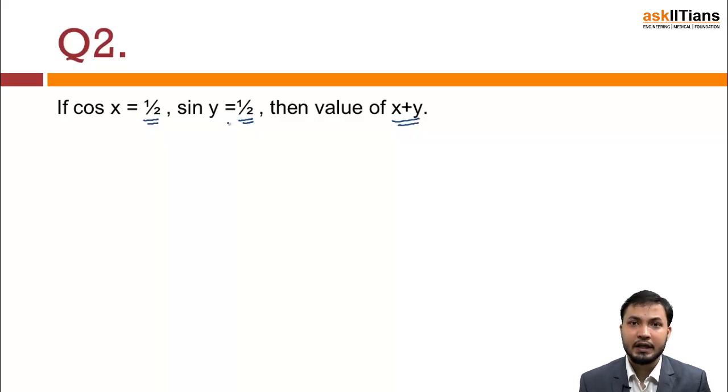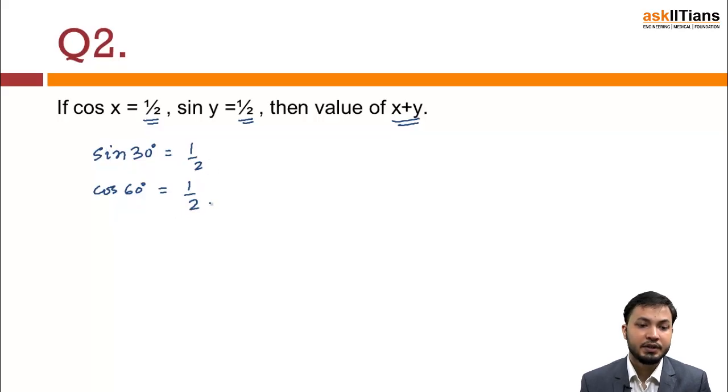Now as per the table of values that we have, we know that sine 30 degree is equal to 1 by 2, right? And similarly I know that my cos 60 degree is equal to 1 by 2, right?